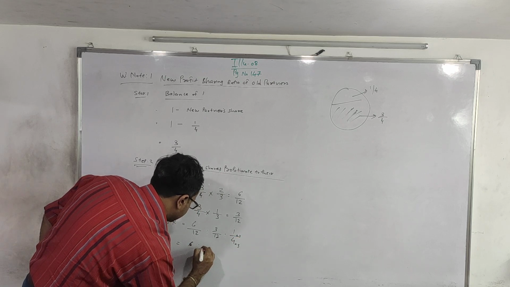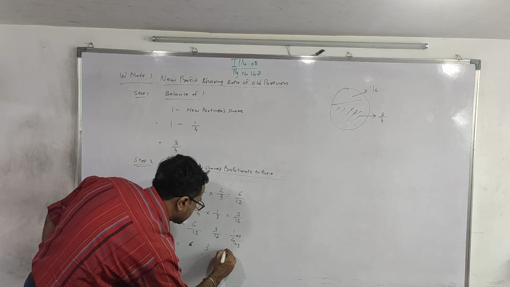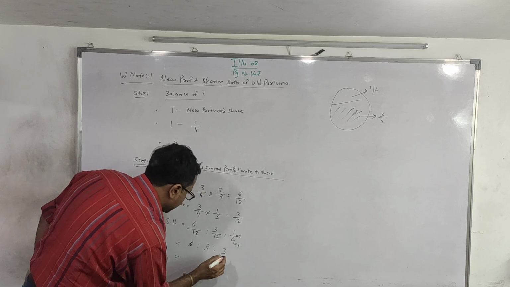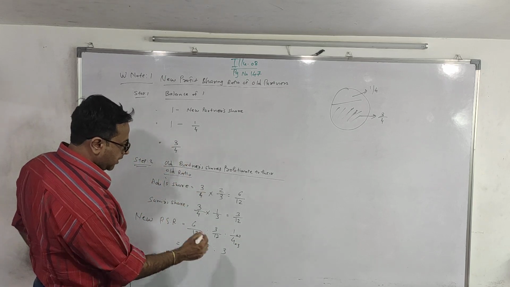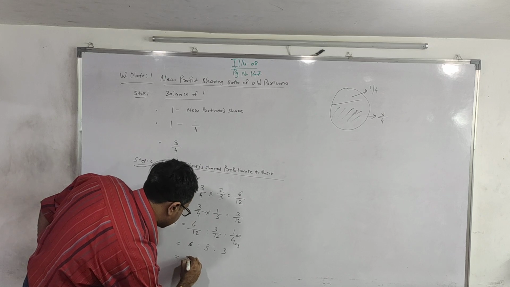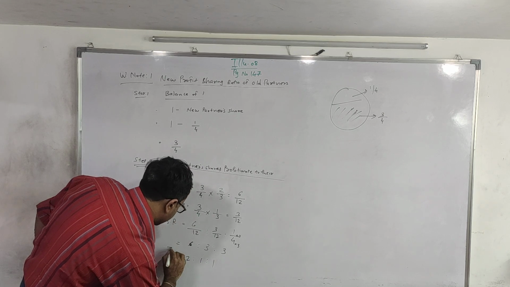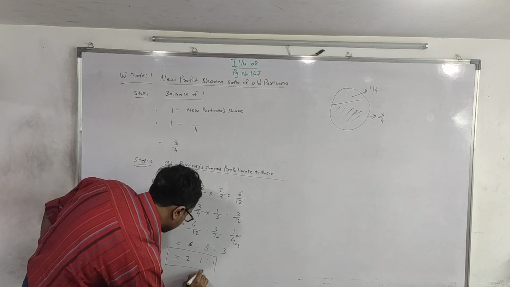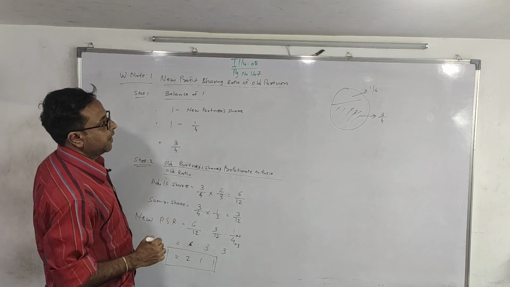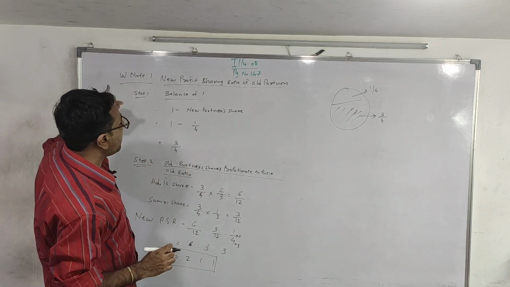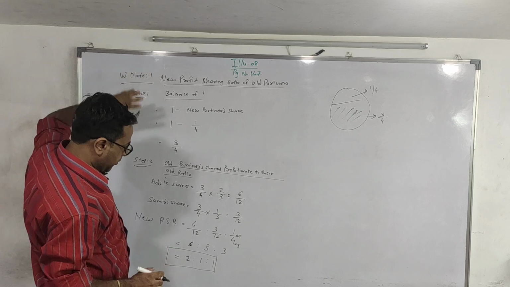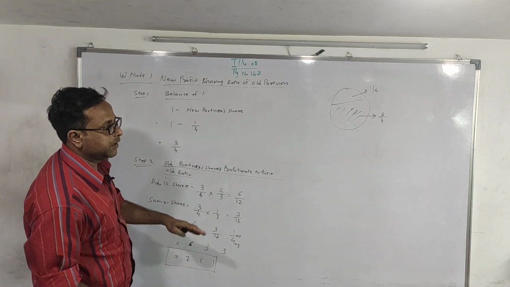So 6 : 3 : 3. Now we can still reduce by cancelling the common factor 3. So the ratio is 2 : 1 : 1. So this is my new profit sharing ratio, 2 : 1 : 1.